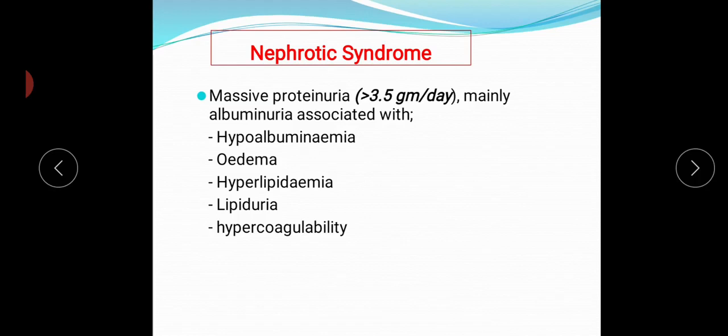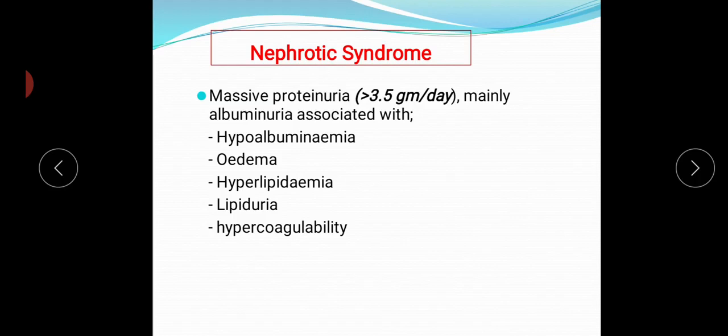This syndrome is associated with hypoalbuminemia, because the plasma proteins will be filtered and excreted. So there will be a decrease in the plasma proteins within the blood, and mainly it will be albumin. Then there will be edema, because plasma proteins are important for oncotic pressure.